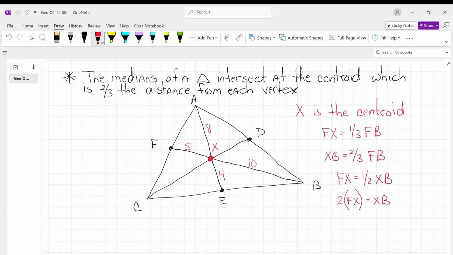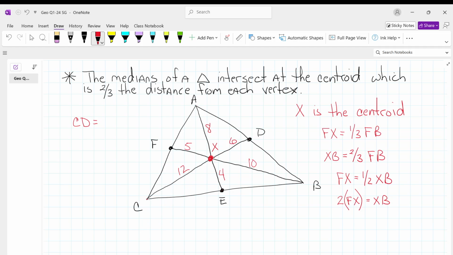So if you had to find C to D, and all you were told was C to X, and let's say C to X is 12. If C to X is 12, how far is it from X to D? 6.